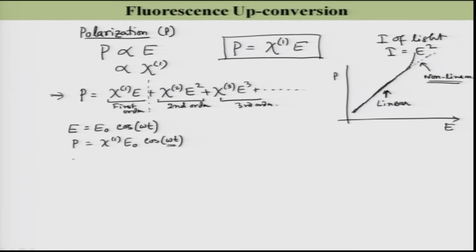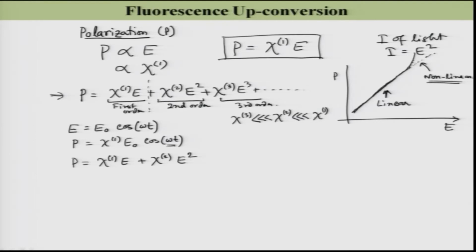Now, if I take that P equal to chi 1 E plus chi 2 E square, both the terms, if you want you can take the third one or fourth one and so on, but please remember that this chi 3 is much smaller than chi 2, and which is much smaller than chi 1.